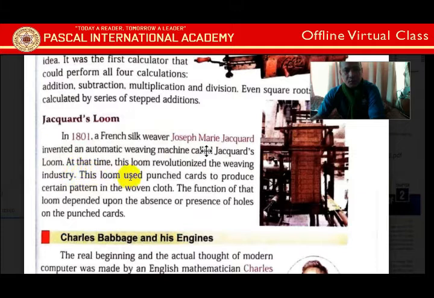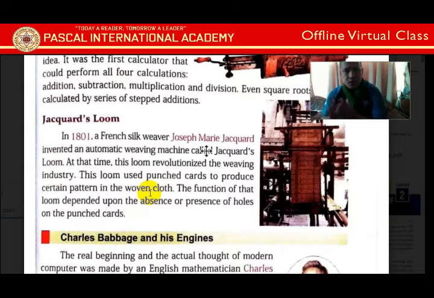The loom used punch cards to produce certain patterns in the woven cloth. The function of the loom depended upon the absence or presence of holes on the punch card. It uses what? Punch card. What punch cards do will come later. In a punch card there are certain holes, which will come in a later chapter also.